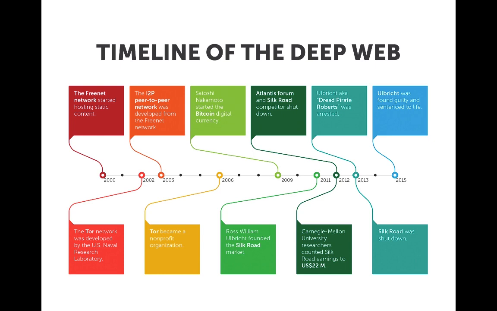At the same time, Carnegie Mellon University researchers counted the Silk Road's earnings at around $22 million. In 2013, some years after Silk Road started, the Dread Pirate Roberts was arrested, and the Silk Road was shut down by the FBI. In 2015, the founder of the Silk Road was found guilty and sentenced to life.